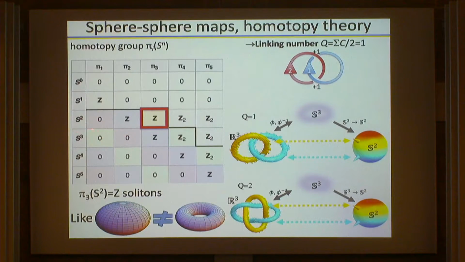So the question is, as you could see in this case, we have the order parameter space being the S2 sphere, and the space from which you are mapping is already the S3 sphere. Because R3 three-dimensional space, as we discussed earlier, for uniform far-field background, can be fully represented on the S3 sphere. But could we perhaps also have some other types of solitons that would get us a little bit closer to these Skyrme solitons, pi3(S3)?